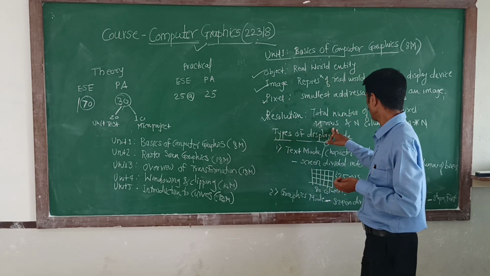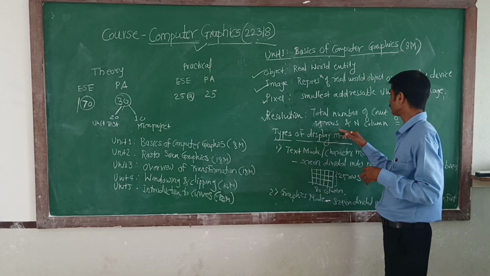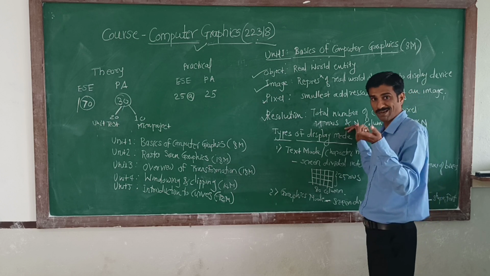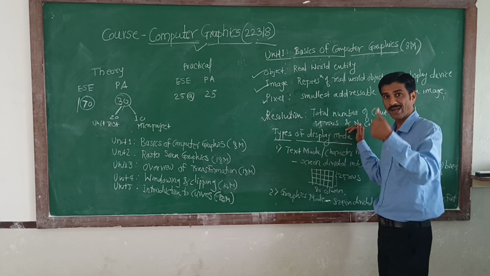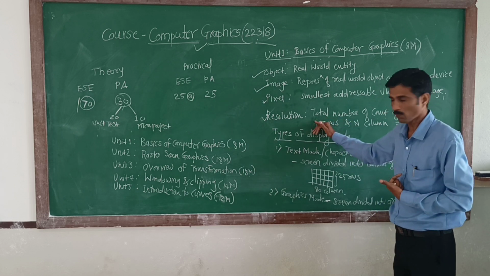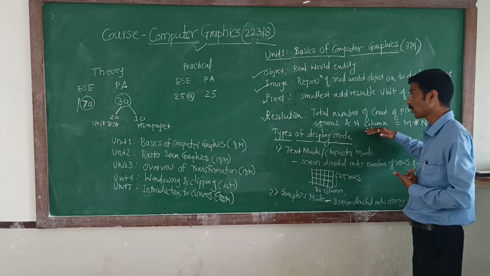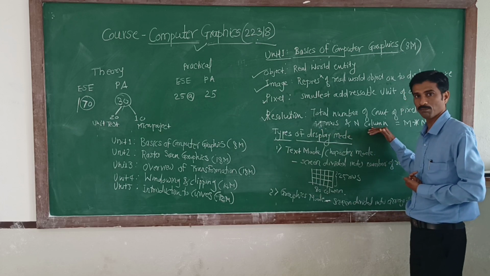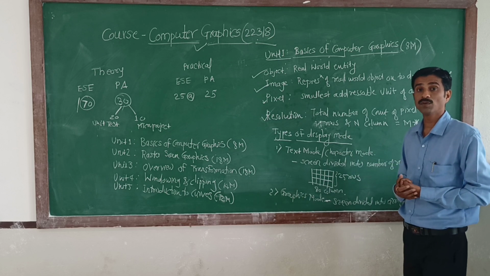Any image is made up of pixels, and the pixels are arranged in row and column format. If the image is made up of m rows and n columns, then what will be the resolution?